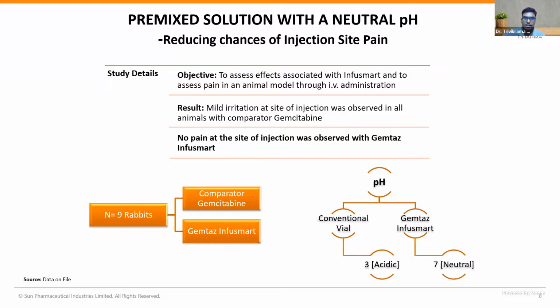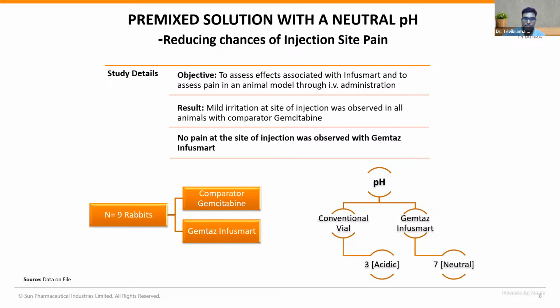There is also a reduced chance of injection site pain because of the neutral pH of this premix solution. A small study assessed the effects associated with InfuSmart and the pain in an animal model through IV infusion.